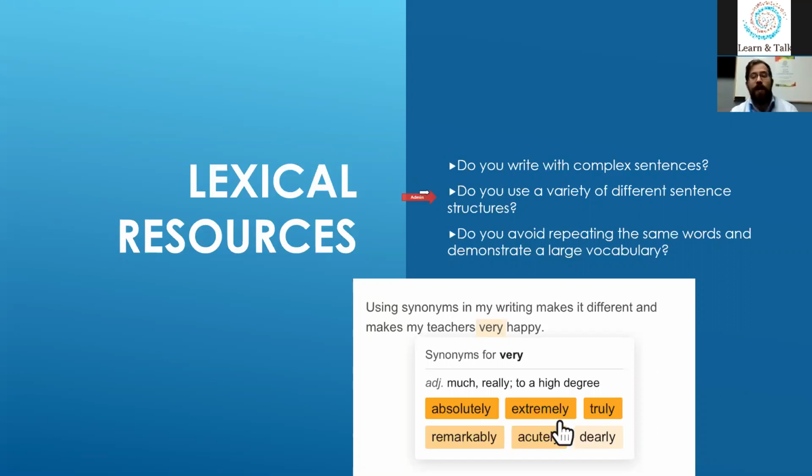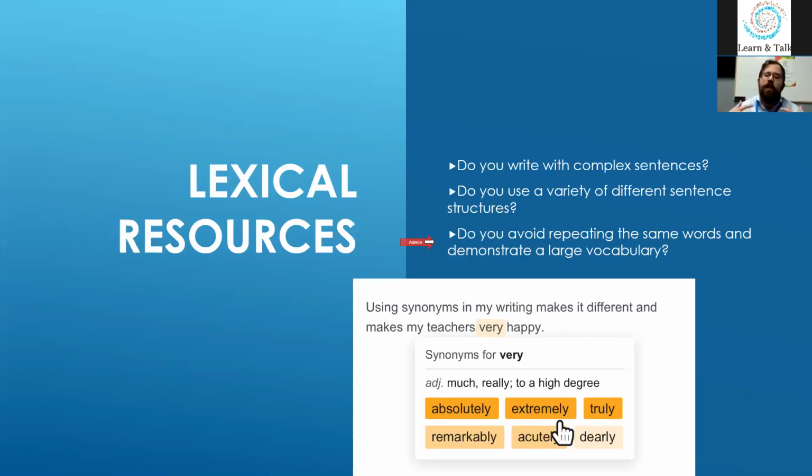And do you use a variety of different sentence structures so that you're not always saying the same type of sentence? And of course, do you avoid repeating the same words and demonstrate a large vocabulary? Now, it is important to say that sometimes you have to use the correct word and you might end up saying it more than once. That's okay.